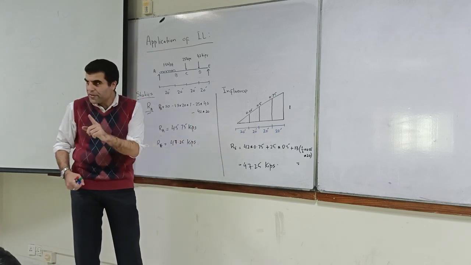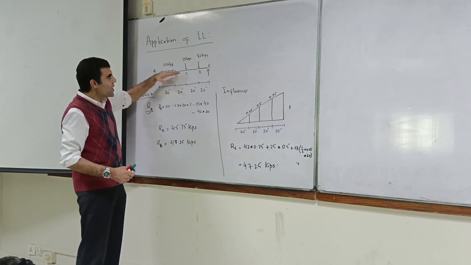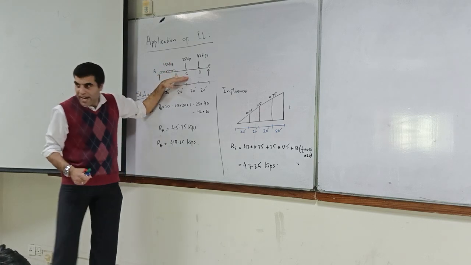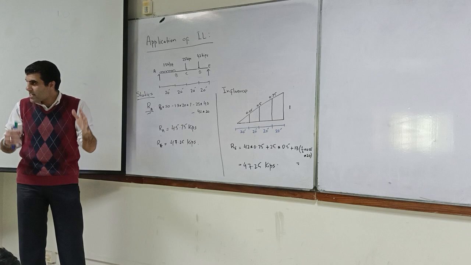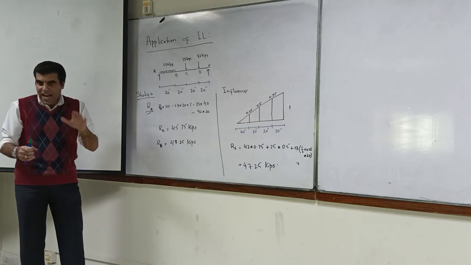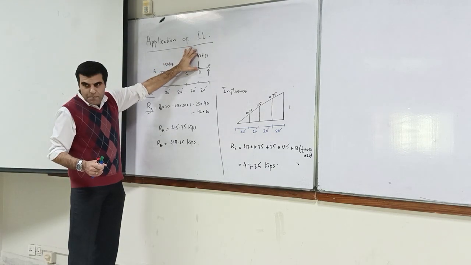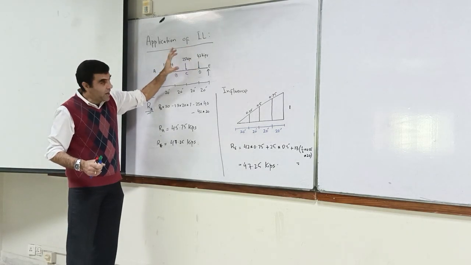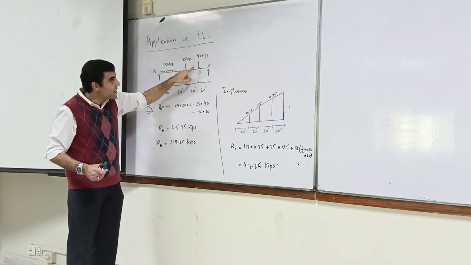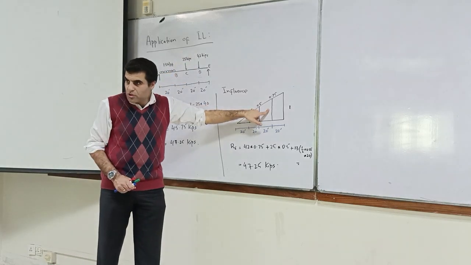That load you multiply with the whole area, because obviously it's per unit length. You add everything up and you get the same reaction. In other words, what have we assumed? We have divided this beam into three beams. For every load we have multiplied the corresponding magnitude of the influence line.